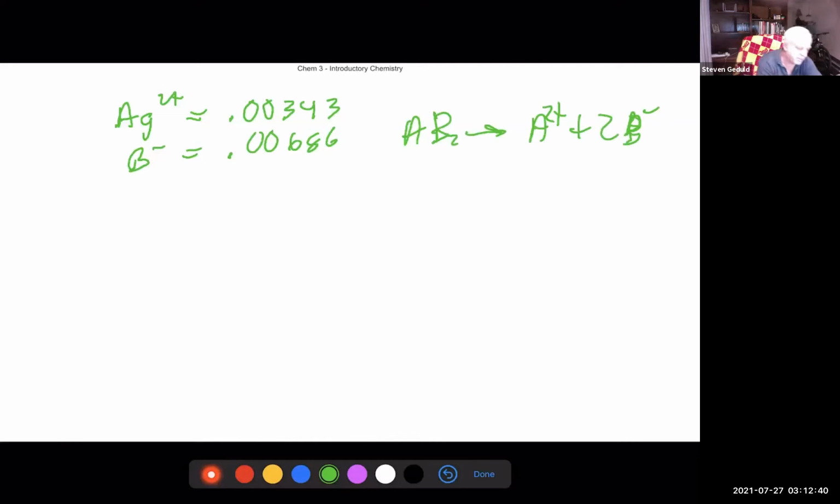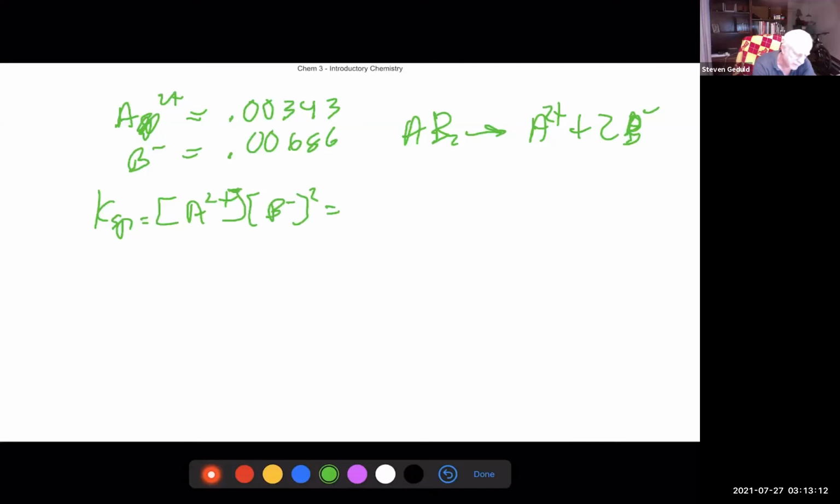So the Ksp is equal to the concentration of A2+ times the concentration of B minus squared. That's your solubility product: the product of the products, each raised to their stoichiometric coefficient from the balanced chemical equation.